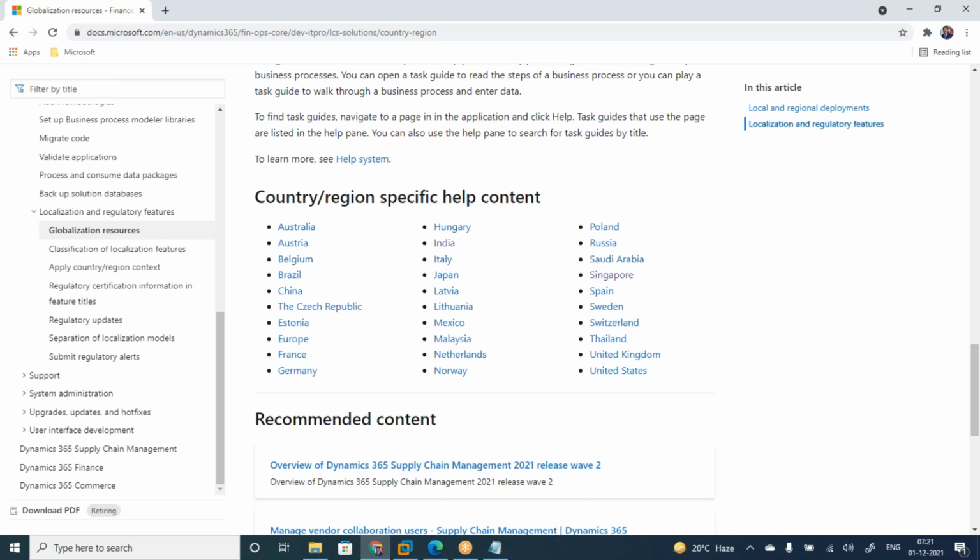It is a big customization. So wherever country specific localizations do not exist, developers will take one of the existing taxations and modify it as per that specific localization.